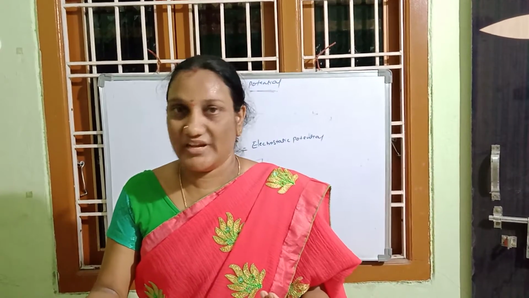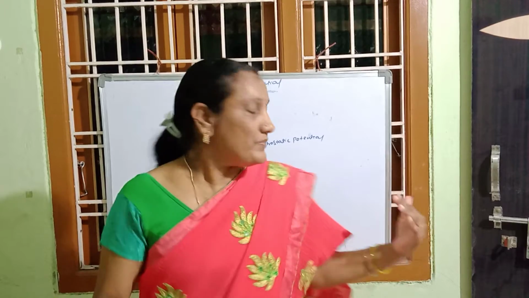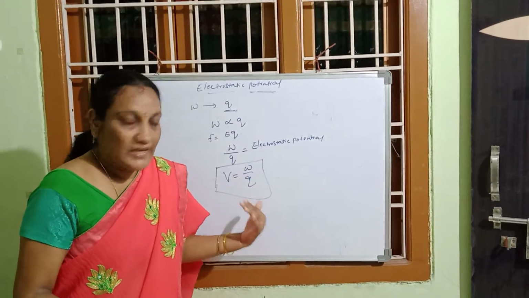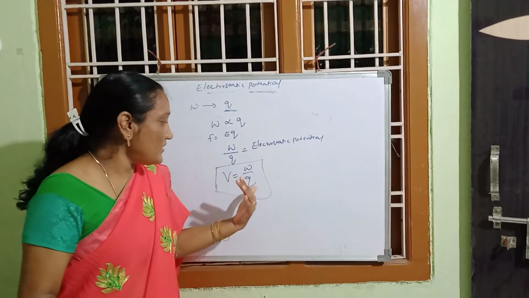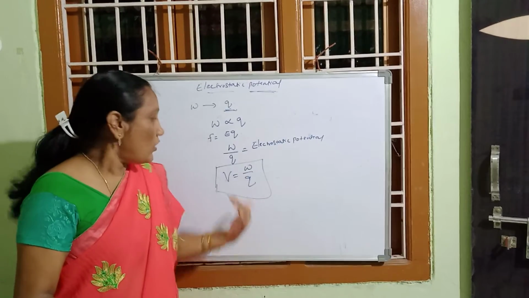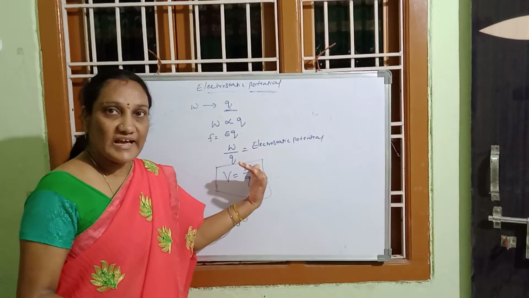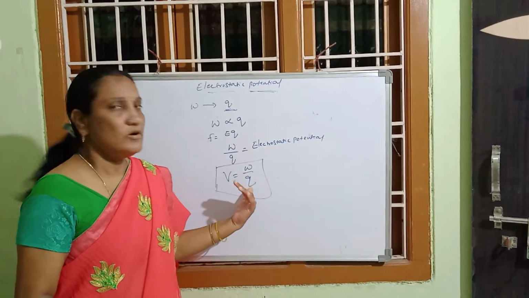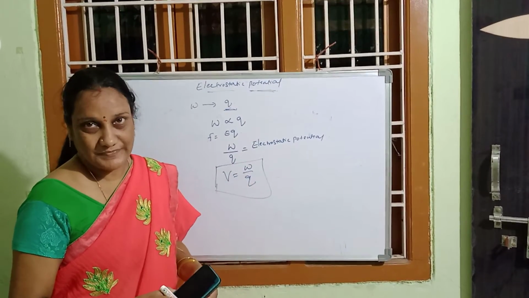So here work is done against the electric field, right? So this is nothing but work done in bringing a unit positive charge from infinity to the reference point, or potential is defined as work done divided by the charge, or work done on unit positive charge.